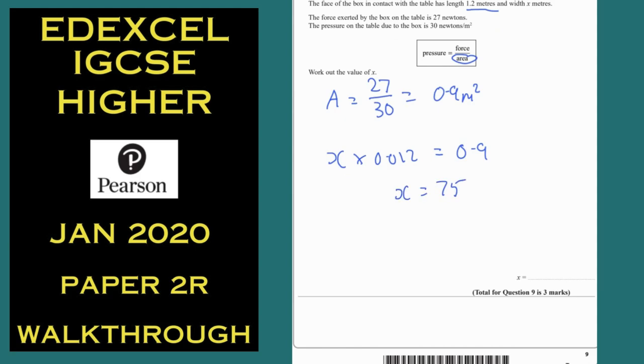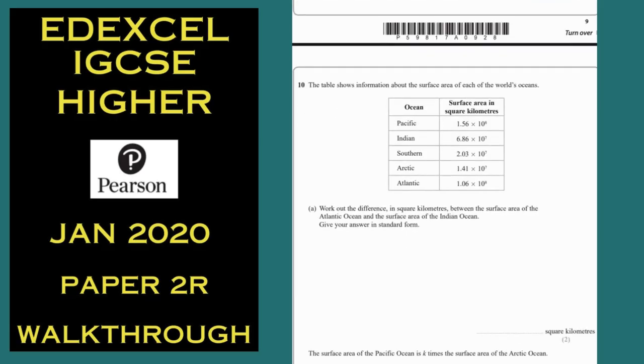So applying a bit of common sense, that means we're talking 75 centimetres, or if you wanted to, 0.75 metres. But worth being clear on there. I think that's a slight grey area on their behalf, I must admit. So it's up to you to be clear.